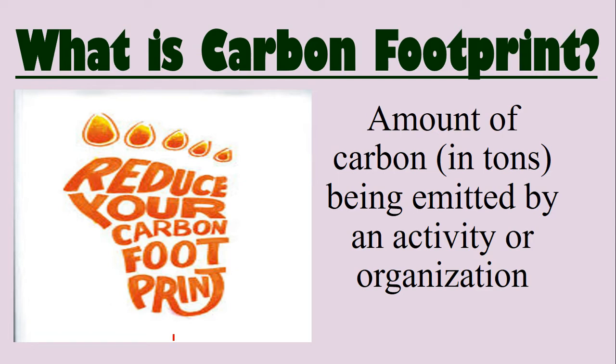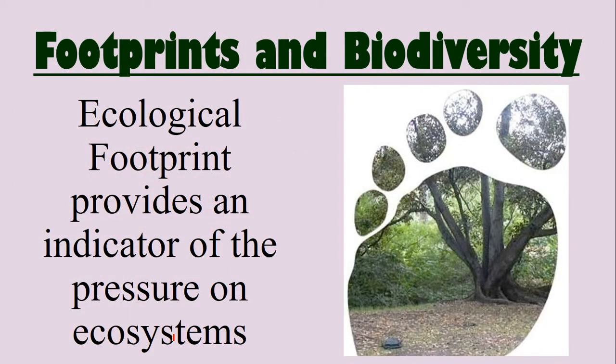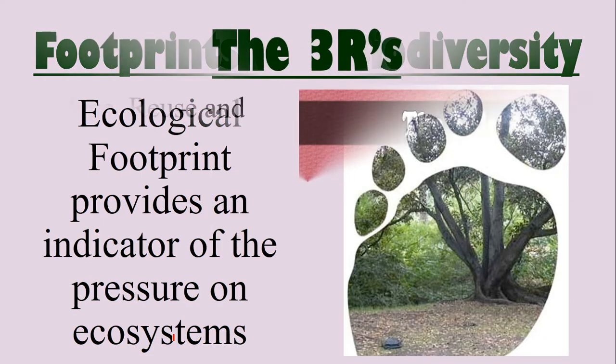So he's really trying to protect the earth, or at least know what he's causing. Now, footprints and biodiversity. What the ecological footprint does can indicate what type of pressures are on the ecosystem. Is it for food? Is it for land? Is it for water? What pressures are going on in the ecosystem around the person's ecological footprint?